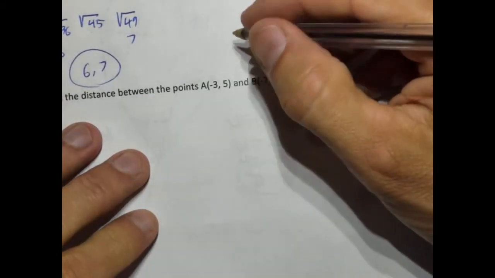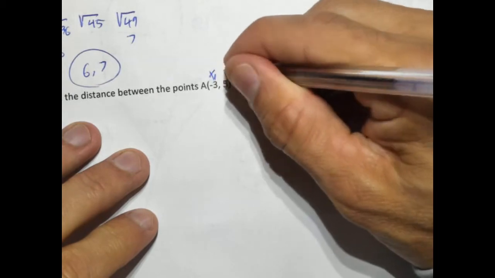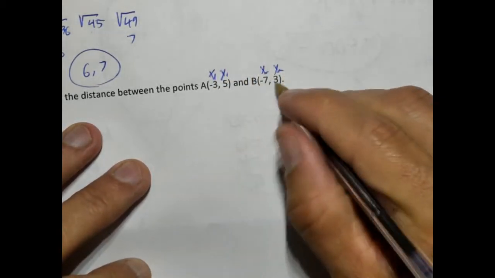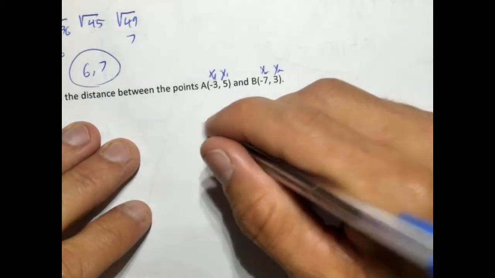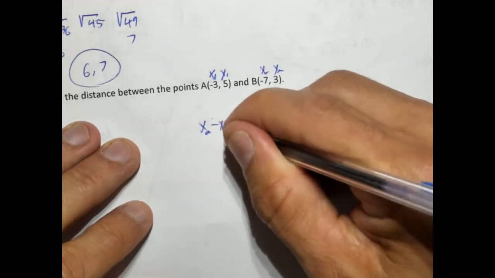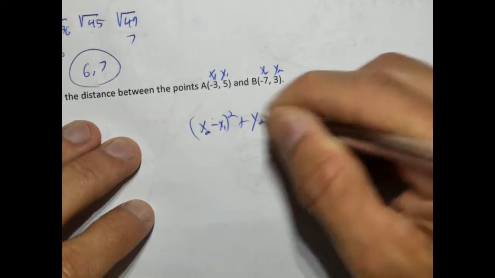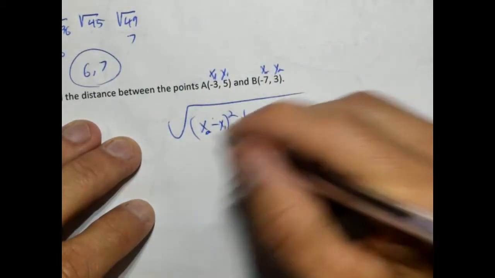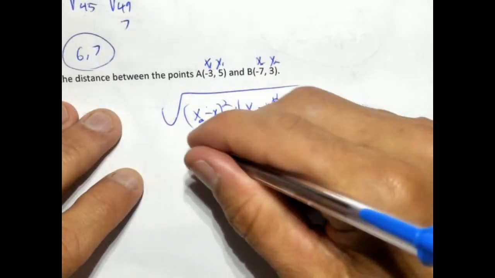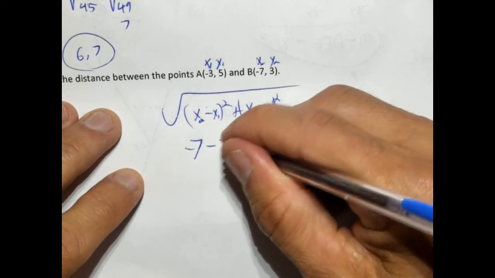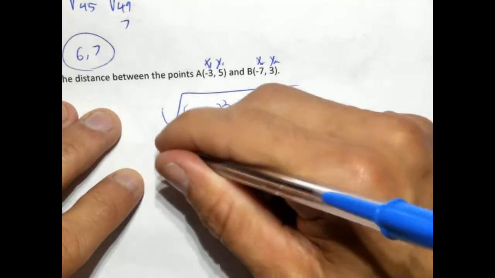Find the distance between these 2 points. Okay. No problem. We're going to use the distance formula. So x2, y2. And that means we're going to have x2 minus x1 squared plus y2 minus y1 squared. And so we're going to have negative 7 minus negative 3. So be careful when you're doing this.